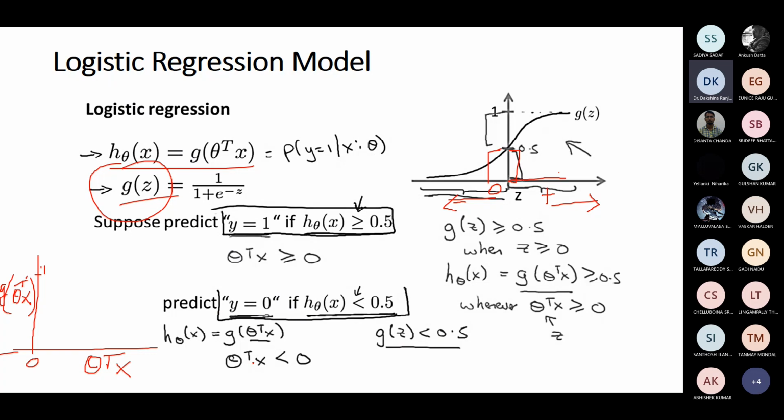That means theta transpose x can be written as less than 0. Previously, for y equals 1, we got theta transpose x greater than or equal to 0. Now we are getting theta transpose x less than 0. Since we are talking about binary classes, if we consider more than two classes, that will be called multi-class classification.